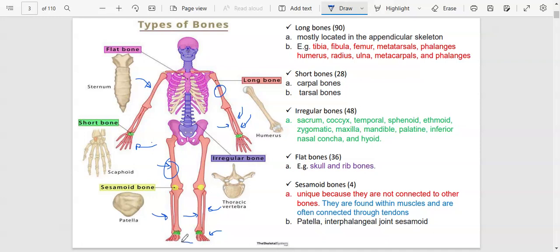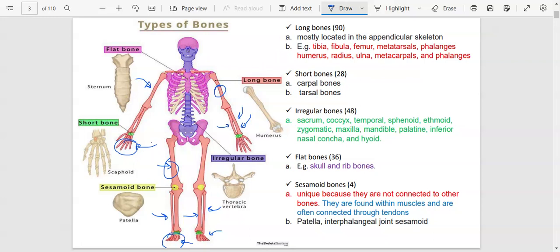We also have the metacarpals and on the hand, the phalanges. So these are the types of long bones we have.